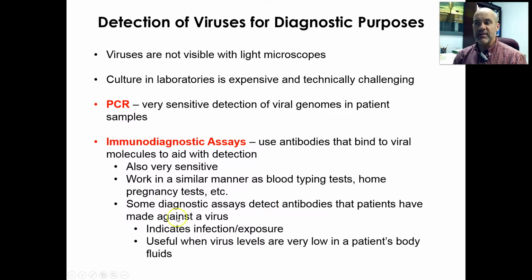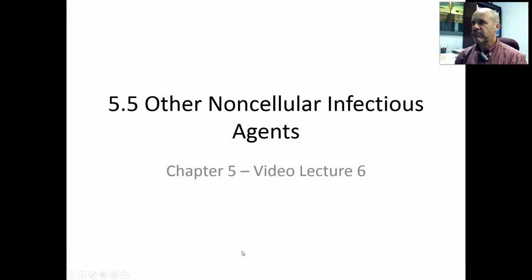So some assays give indirect evidence of a viral infection by looking for the antibody weapons that your own immune system made against it. Those types of assays are useful when virus levels tend to be very, very low in a patient's body fluids.